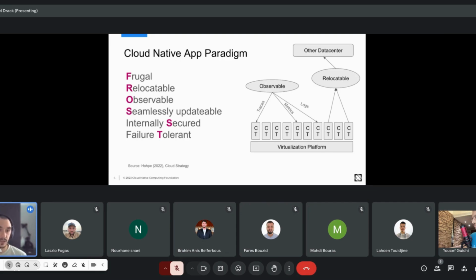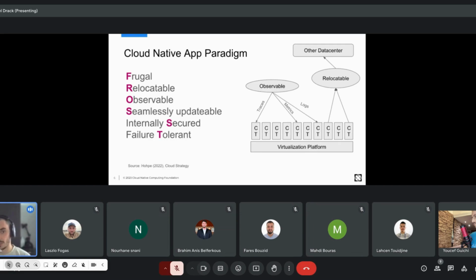The next thing that's kind of a paradigm, according to Hopke, is the possibility to seamlessly update containers. So this usually happens in some kind that you deploy a newer version of an application while the old version is still running, the new version takes over, the old version is being shut down.